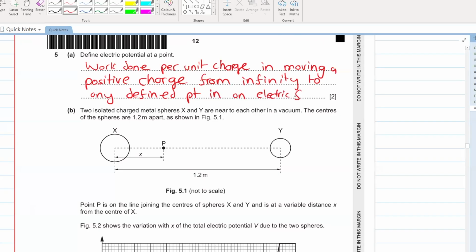Simple as that. Work done per unit charge in moving a positive charge from infinity to any defined point in an electric field. Simple as that. Let's further move ahead.